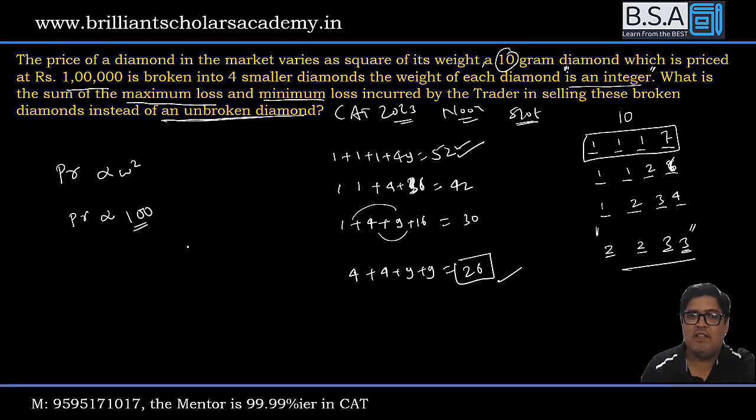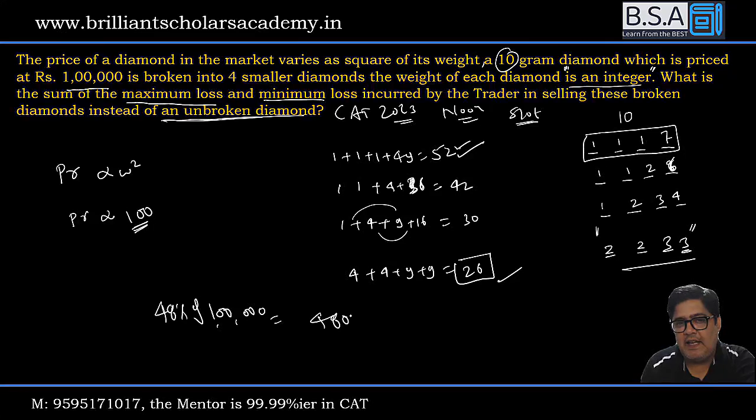Listen to the language. On 100 rupees, how much money is coming back? 52 rupees. What is the percentage loss? 48% of 1 lakh rupees is the loss, so 48,000 is the loss. 100 rupees were supposed to come back for the complete diamond, but how much is coming back? 76.